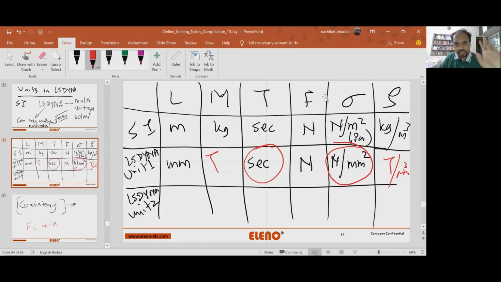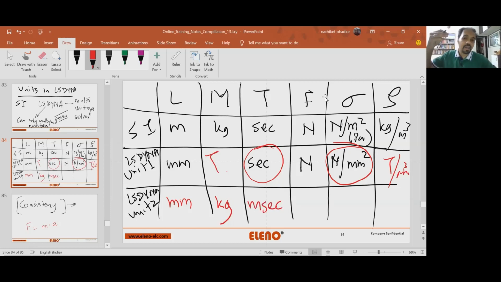There is another unit system, unit system number 2, used in industry, which is not ton millimeter second. Of course, the length unit will remain millimeter. Mass unit companies will use as kilogram, and time unit companies will use as millisecond.